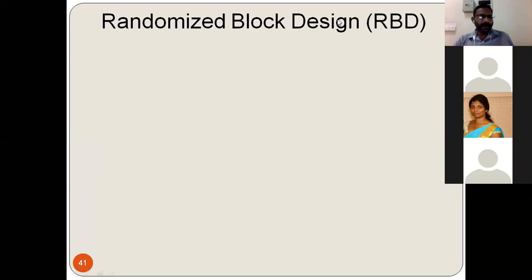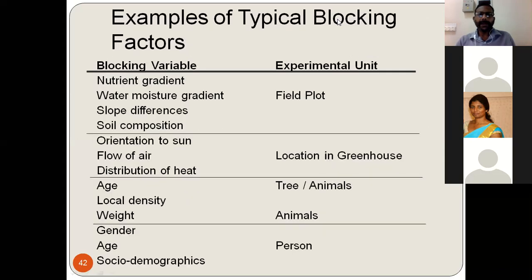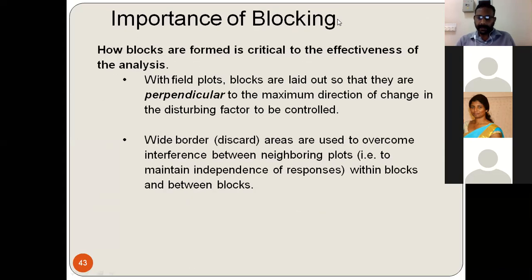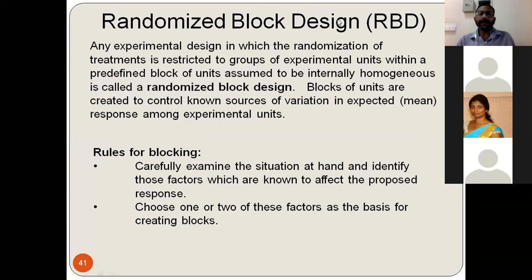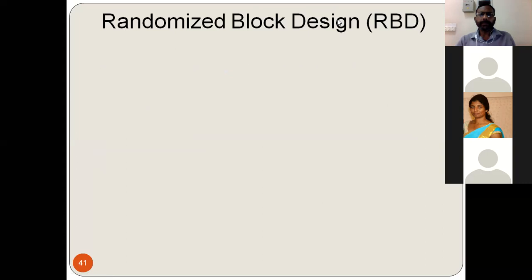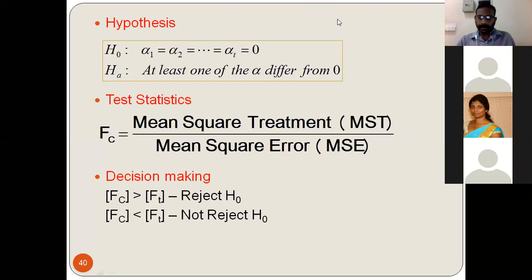Now we will do a small sum. Before we do the small sum, we'll do a sum.